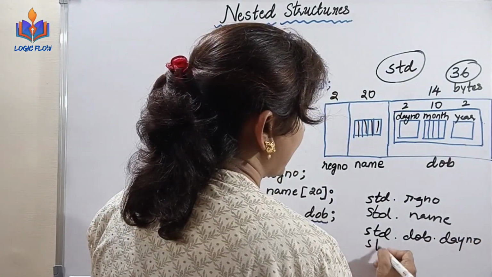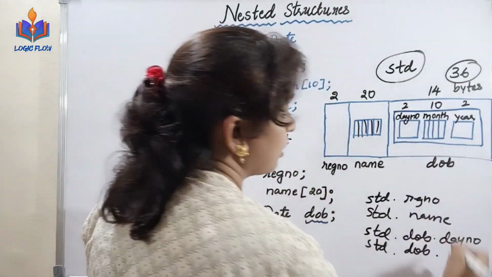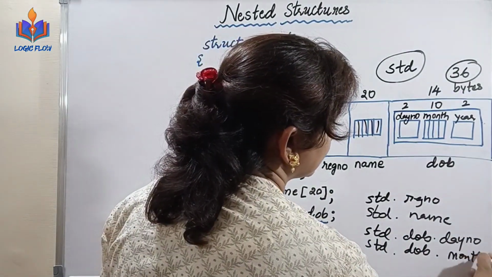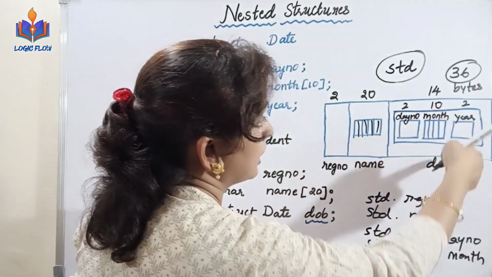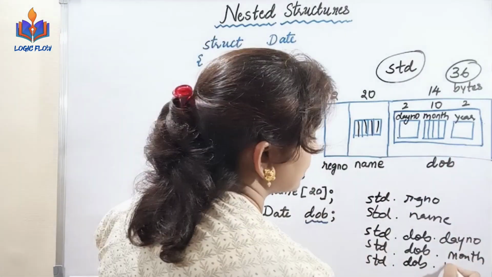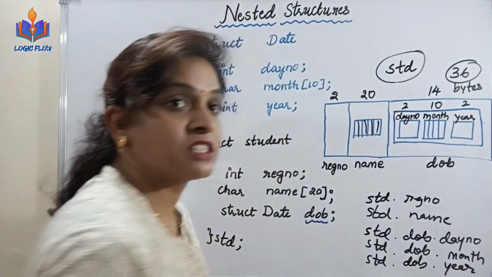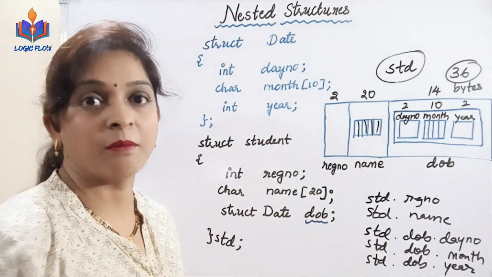The same way, std dot dob dot month, right? The same way, std dot dob dot year. So this is how we access the nested structure members.